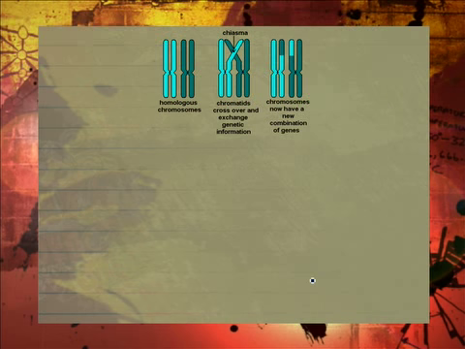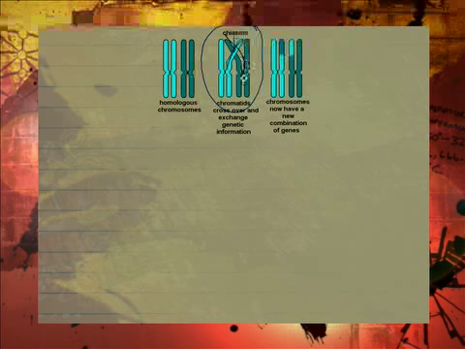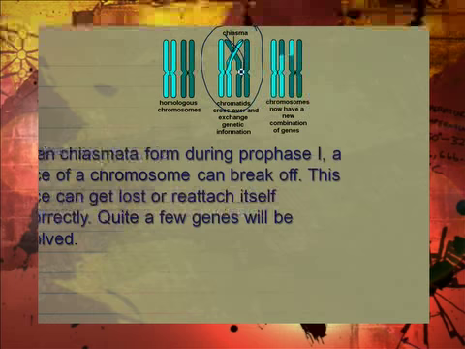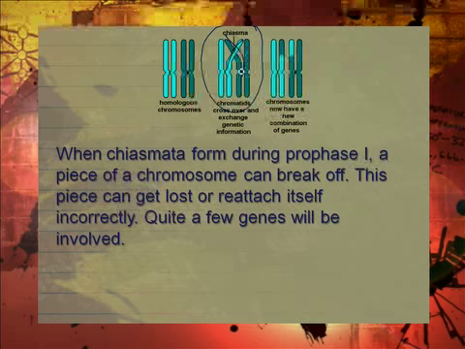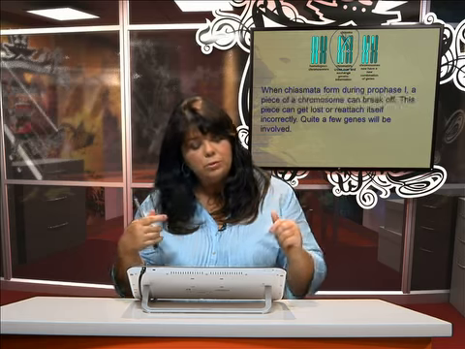Let's have a look at some of those huge changes, the bigger changes, not just one little nitrogenous base changing in one gene. You remember this process of crossing over, where we said during prophase 1, the homologs came to lie close together and they exchanged genetic material. Now, sometimes during that chiasmata, or the crossing over, a piece of a chromosome can actually break off, or it can get knotted and pulled off.